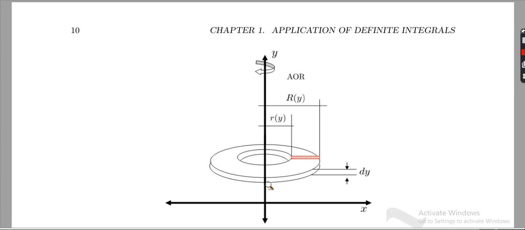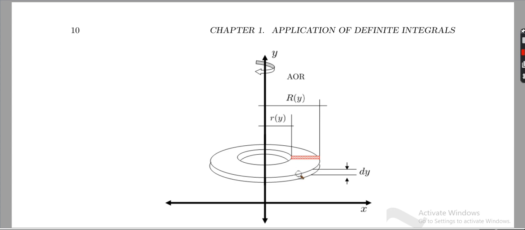And then for the inner radius, it is measured from here, and that is the lower end ng rectangle, or the left boundary ng region, hanggang dito sa axis of revolution.